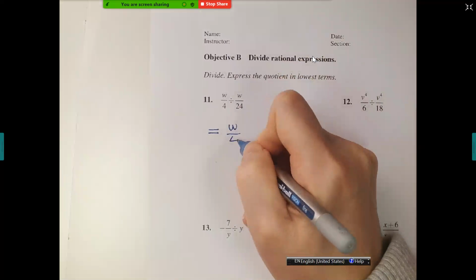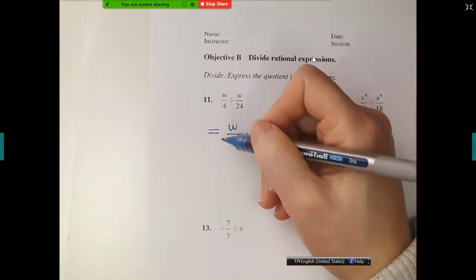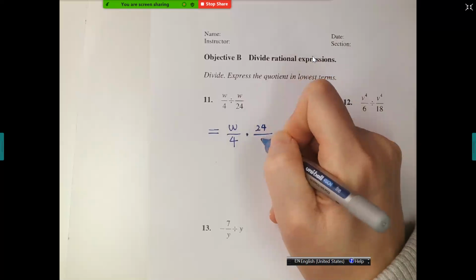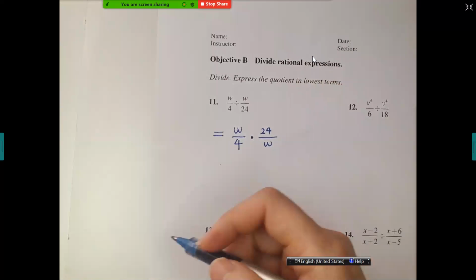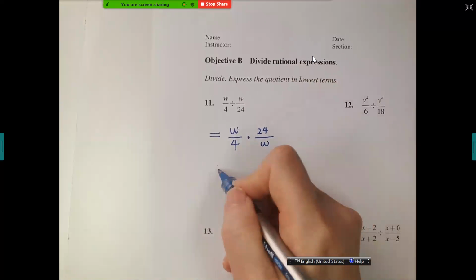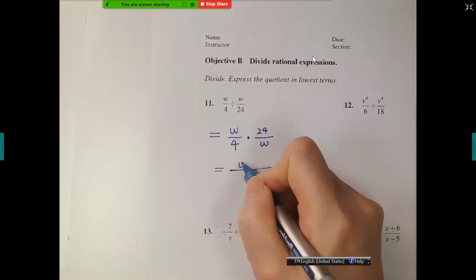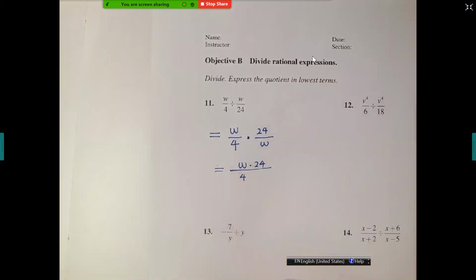W over 4 stays the same, divide turns into multiply, then flip the second one, W over 4. Gradually you can skip the step, like you write down W times 24 and so on.